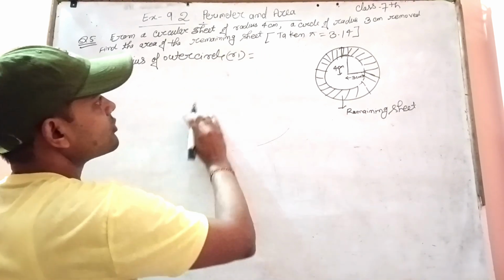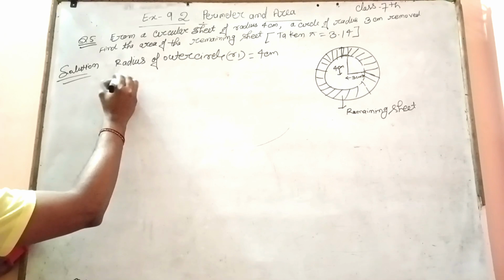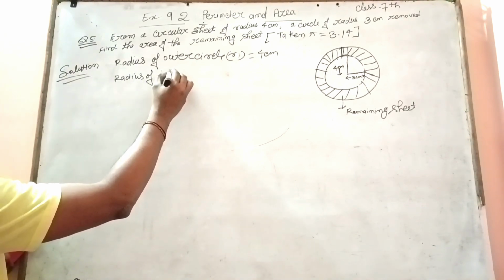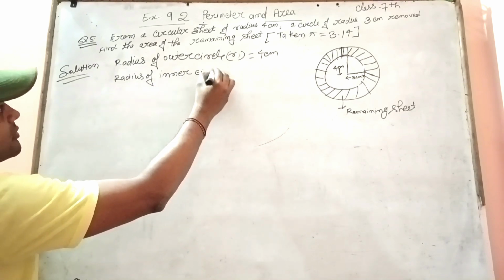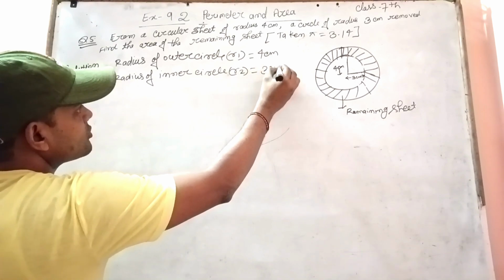R1 is equal to 4 centimeter. Radius of inner circle, R2 is equal to 3 centimeter.